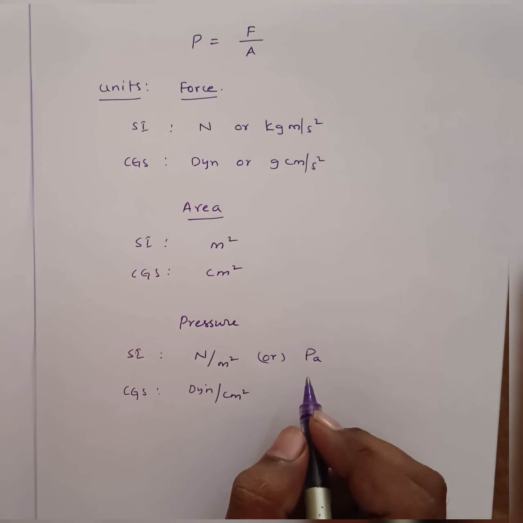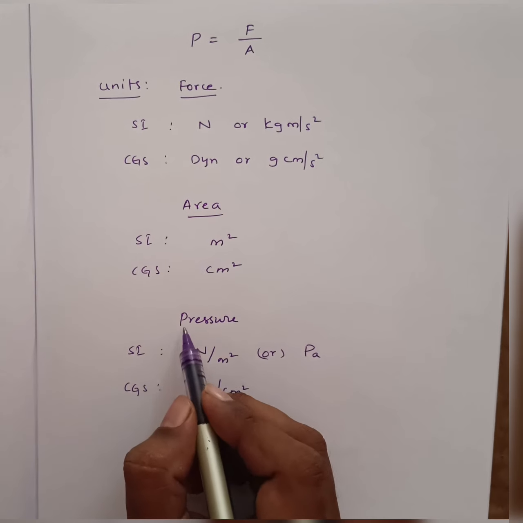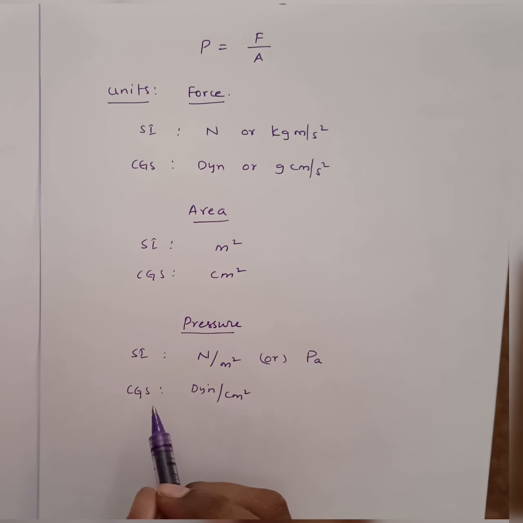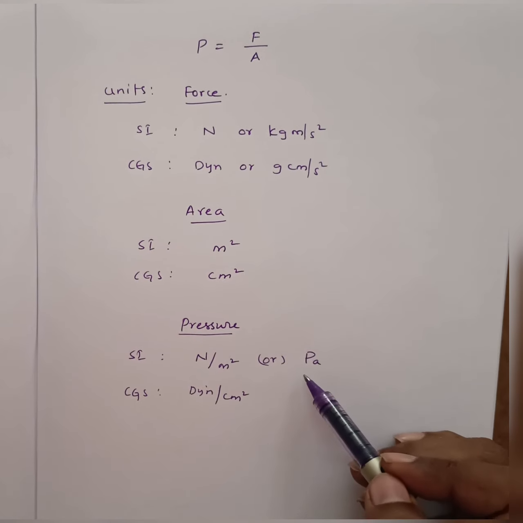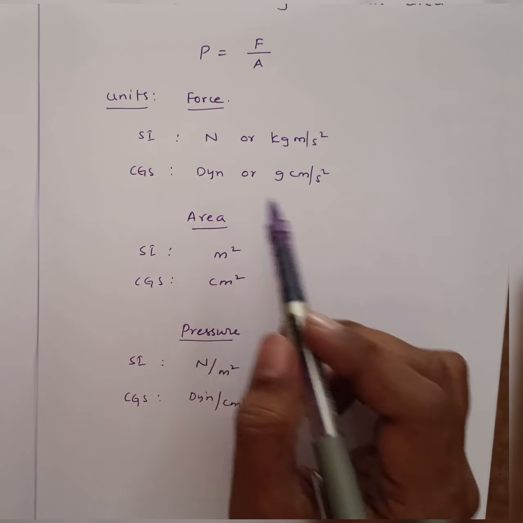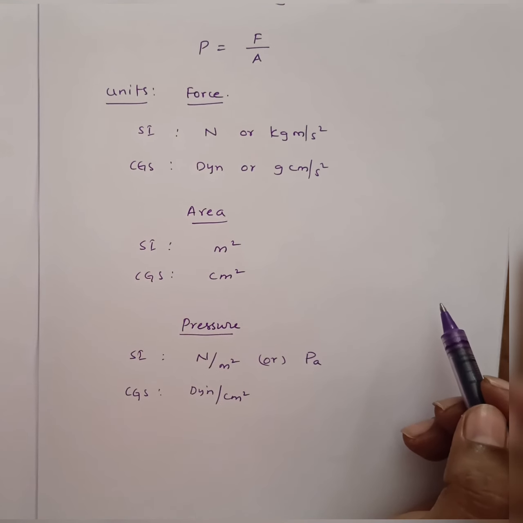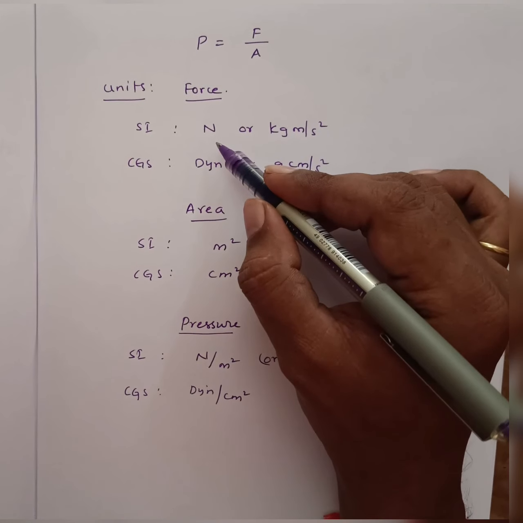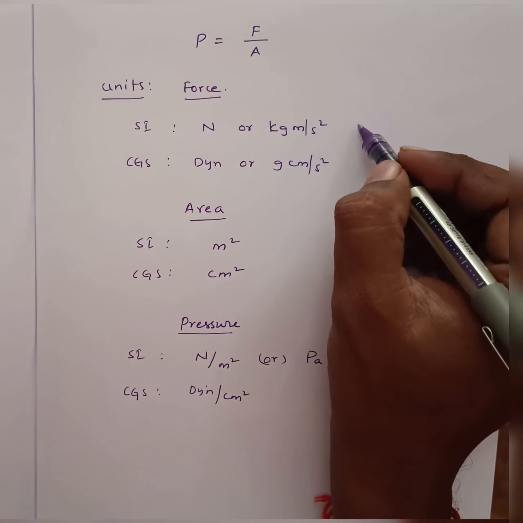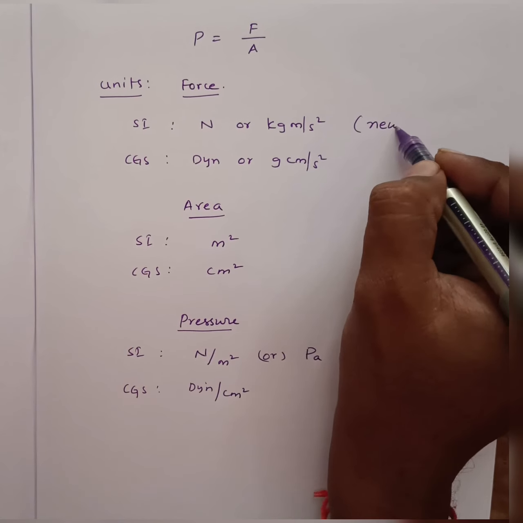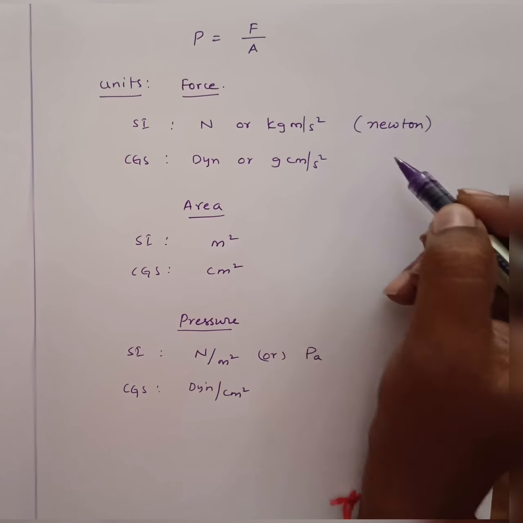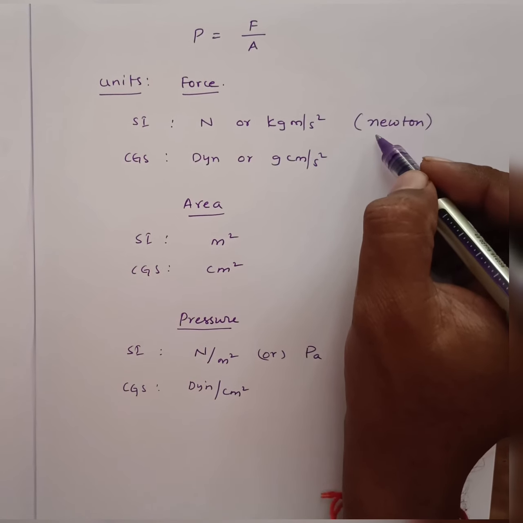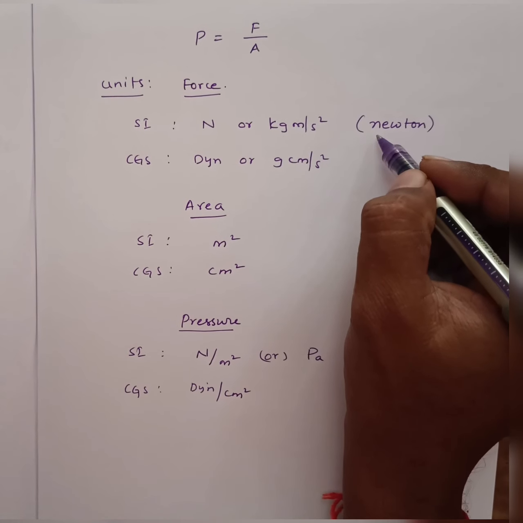Here, while writing scientist names as units, we should remember a rule. While writing the symbol, we should write a capital. While writing the complete name, we should write small. For example, Newton is a scientist name. While writing the symbol, I write capital N. If I write it completely, I should write small letters. Generally, for person names, the first letter is capital.